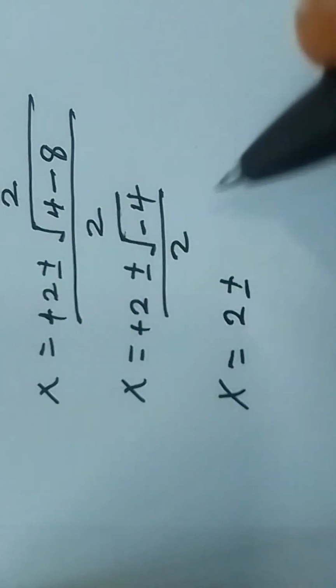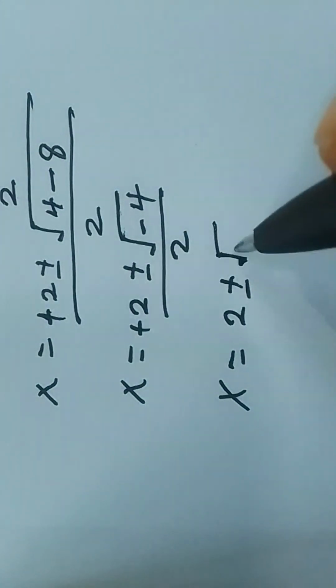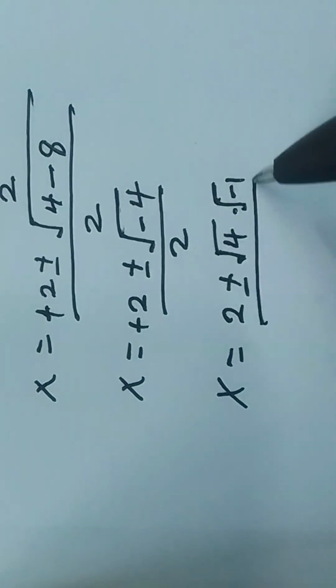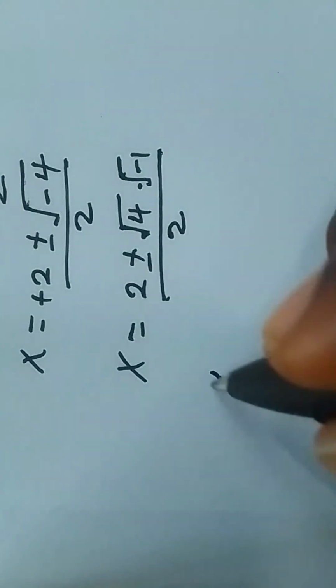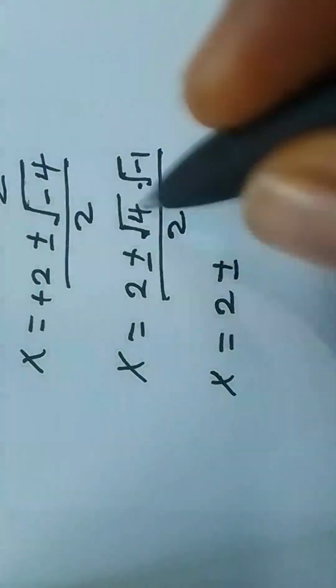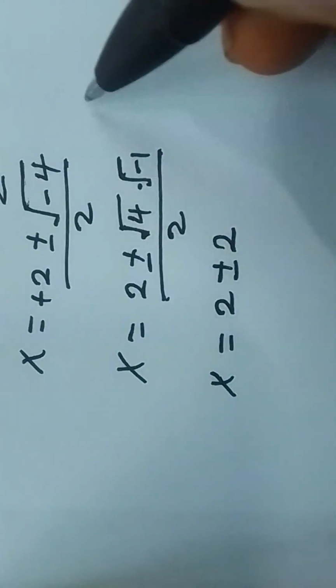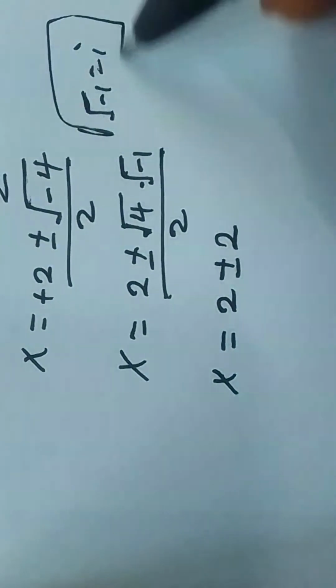So x is equal to 2 plus or minus. We can rewrite square root of -4 as square root of 4 times square root of -1, divided by 2. x is equal to 2 plus or minus square root of 4, that is simply 2. Don't forget, square root of -1 is equal to i from the complex numbers.